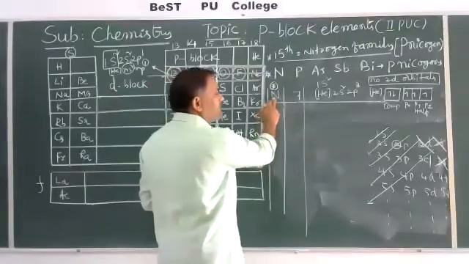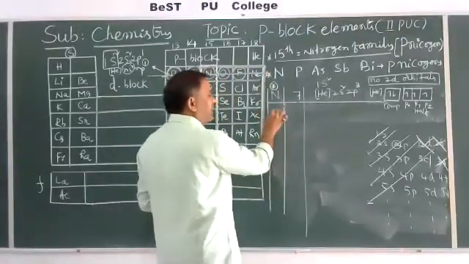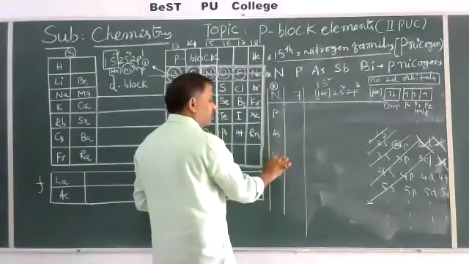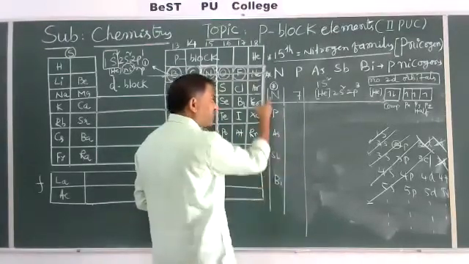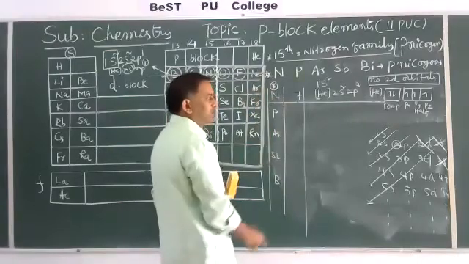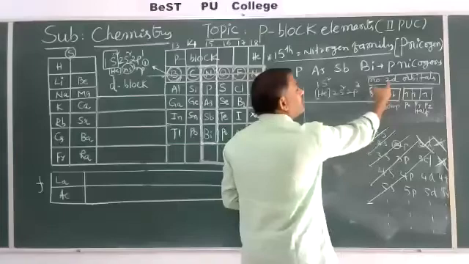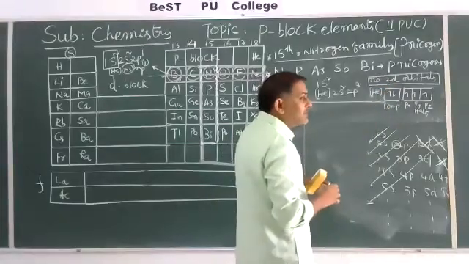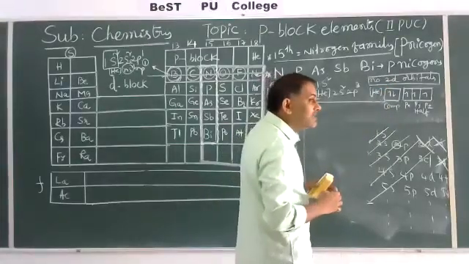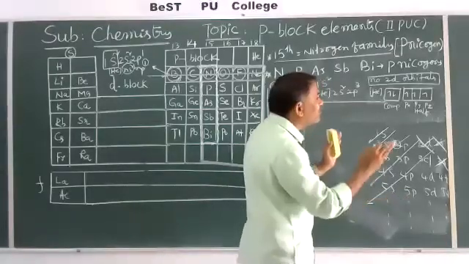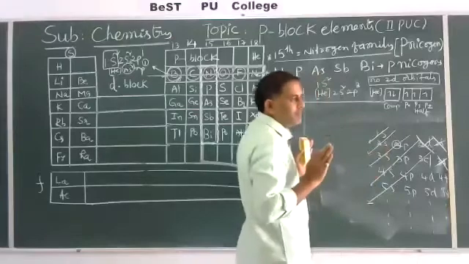Why does nitrogen show anomalous properties compared with phosphorus, arsenic, antimony, or bismuth? Why does it show peculiar properties? Because in nitrogen, due to the absence of d orbitals, its covalency cannot exceed its number of valence electrons. Maximum covalency is 4 only.